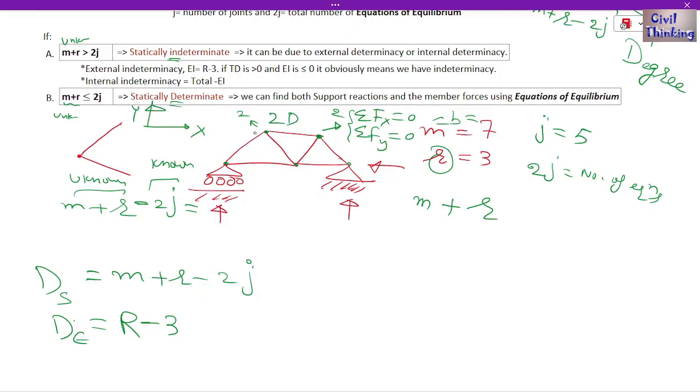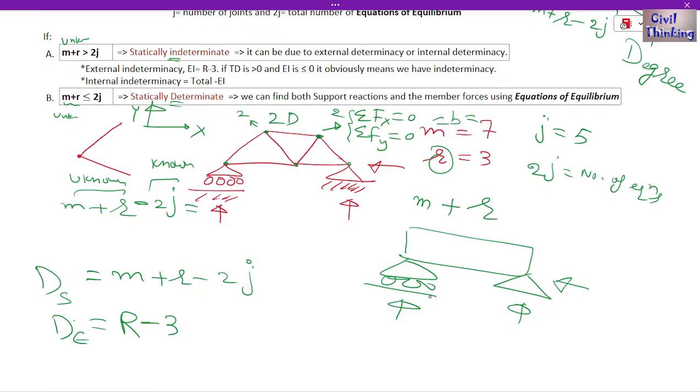Now I told you in external indeterminacy we consider everything as a whole like this. We don't care what is inside. Let us say this is a roller, this is a pin. Here we have only one reaction, and in the pin we have two reactions. Now for a body, how many equations of equilibrium are there? We have three, right? Summation Fx equal to 0, summation Fy equal to 0, summation of moment equal to 0.